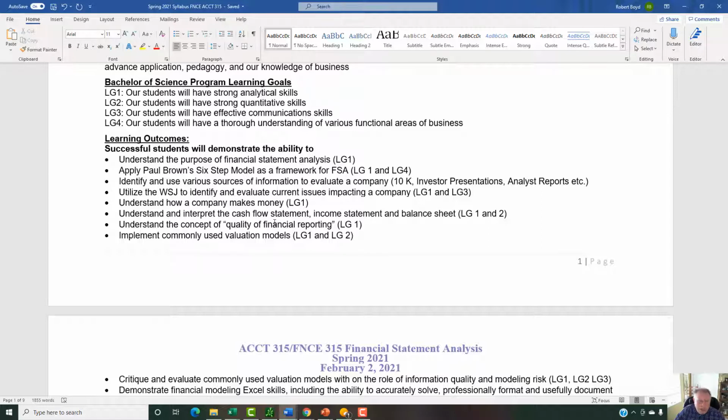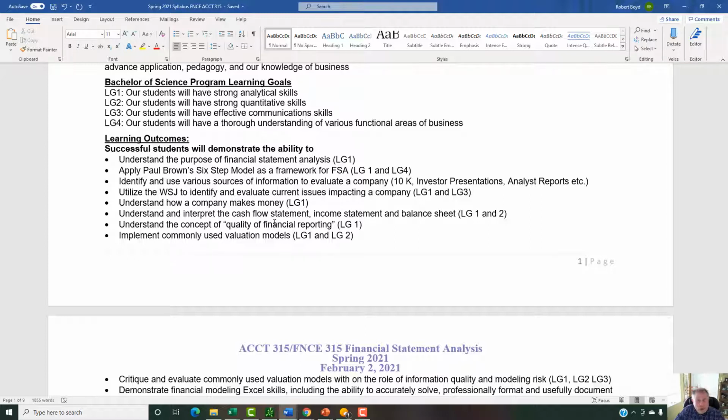How do we use current sources, the Wall Street Journal, McKinsey, The Economist, Bloomberg, to identify and evaluate what's happening today and its impact on the company? Understand how a company makes money. Really be able to get the cash flow statement, income statement, and balance sheet, and be able to understand and interpret them.